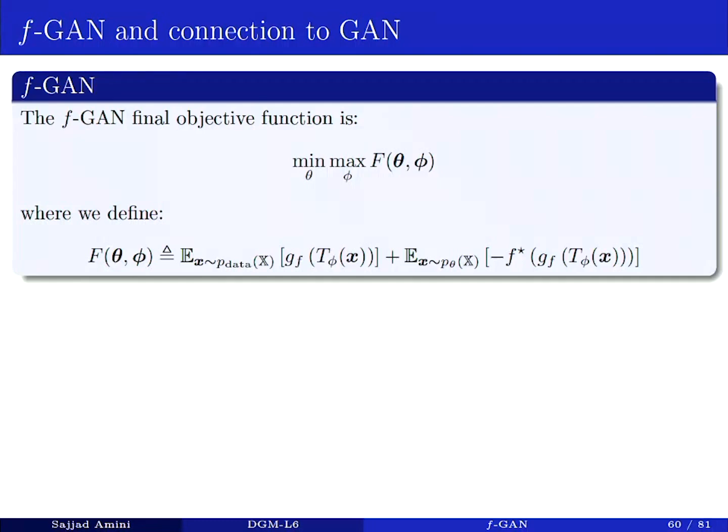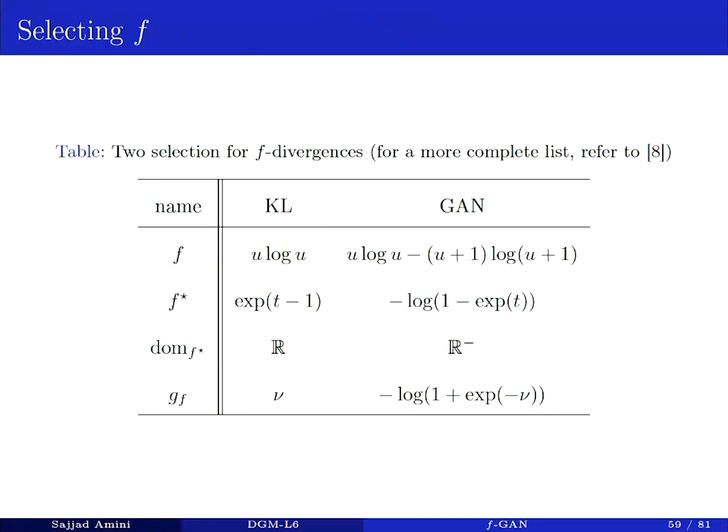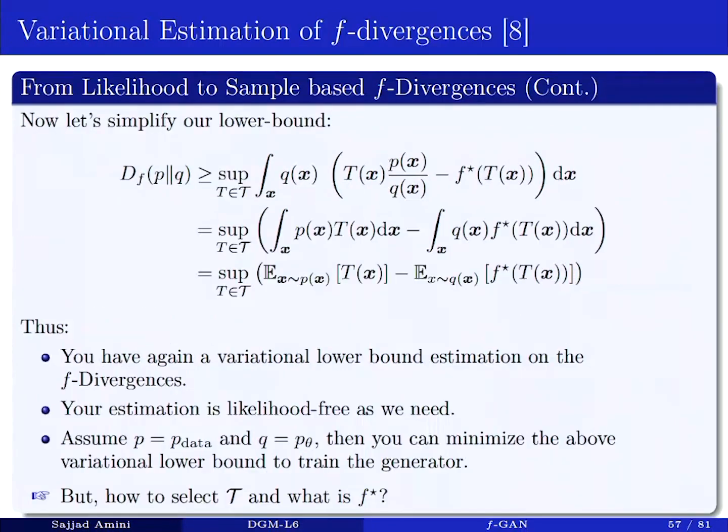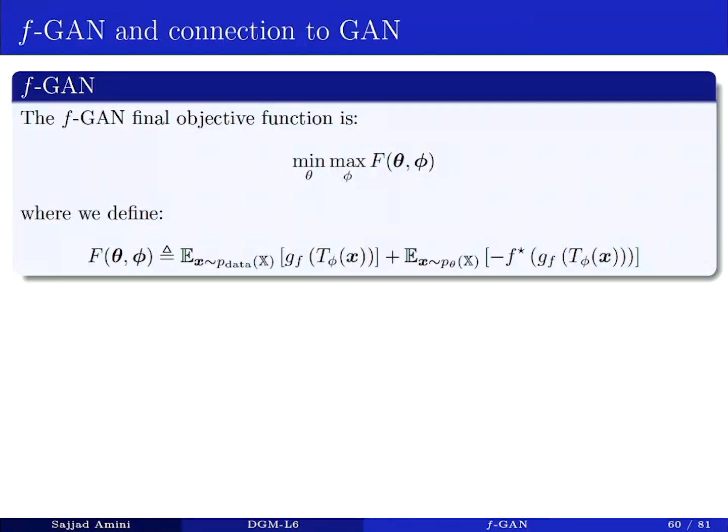We know that this is a matching function that matches the output from real to the domain of f star. This is exactly what you have here. There's nothing more. The minus is inside the expectation. And we know that if you select f, you have f star. And you can design a family t phi and you can train your model.